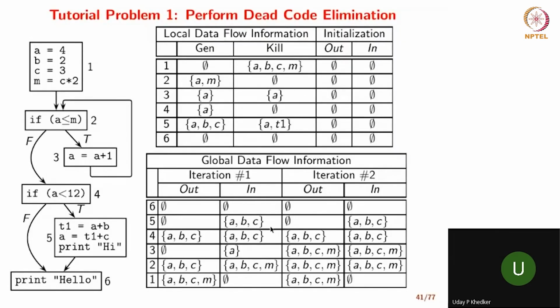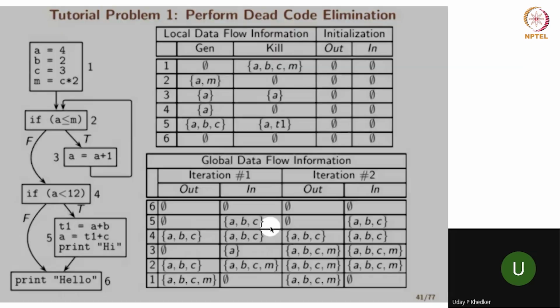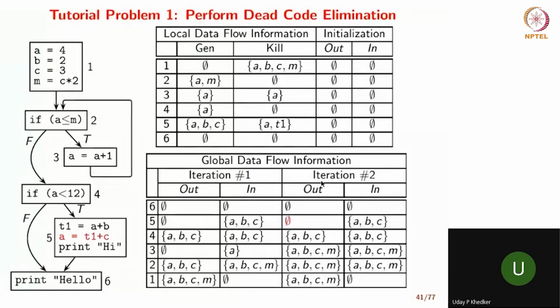So at the out of 3 we get ABCM, and therefore at the in of 3 we get ABCM, and therefore at the out of 2 we get ABCM. At the in of 2 we had ABCM anyway. So this is the solution that we get, and even if we were to recompute it, there would be no further change. So this is our solution.